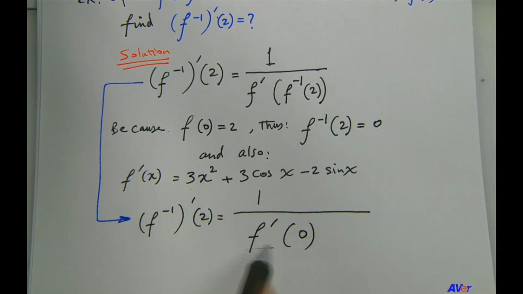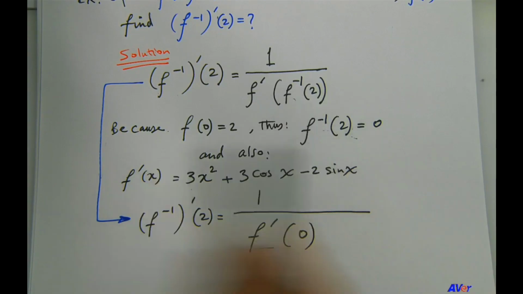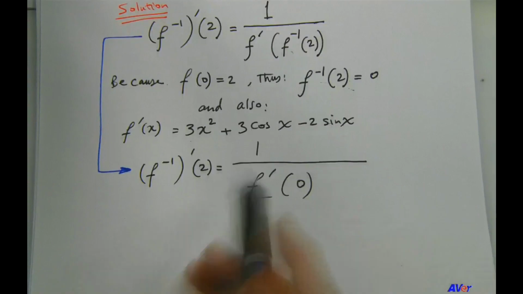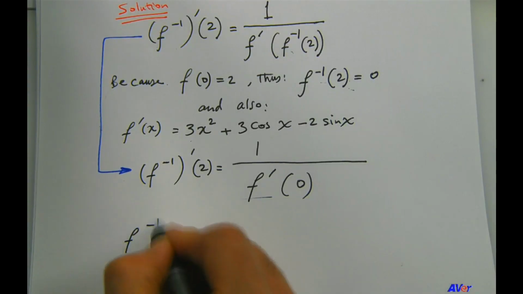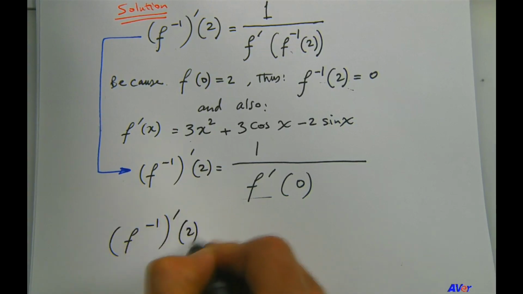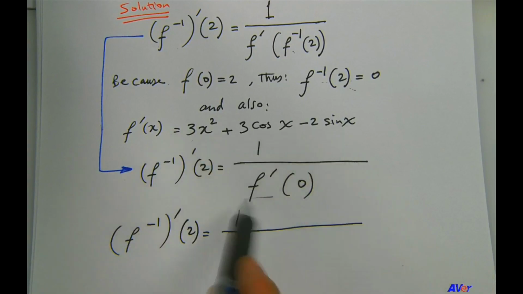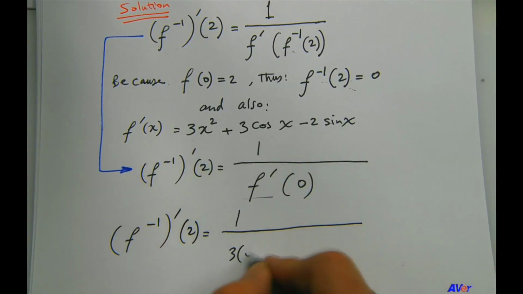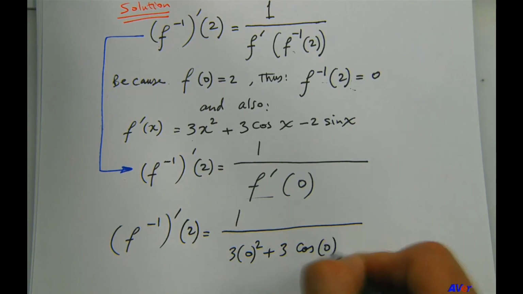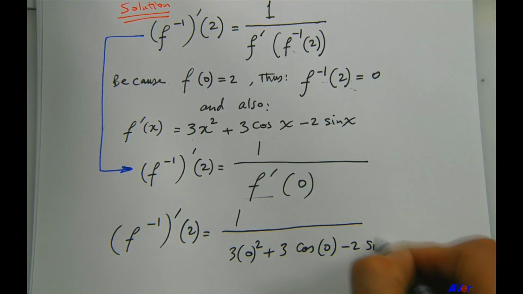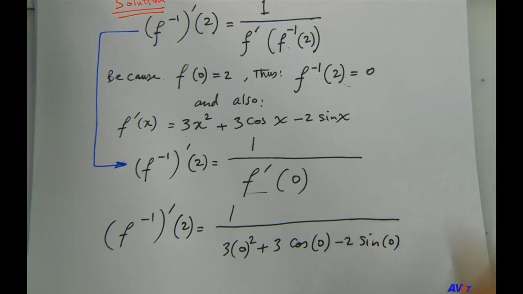We figured out that it is 0 because of this connection. So that would be equal to 1 over that derivative evaluated at 0: 3 times 0 squared plus 3 times cosine 0 minus 2 sine 0. Okay?